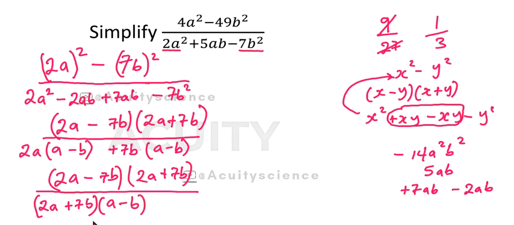All right, let's look out. We have factorized the numerator and we have factorized the denominator. We can see that this factor is common to both sides. So we can cancel this and cancel this. And we are left with 2a minus 7b over a minus b. Wow. Easy.